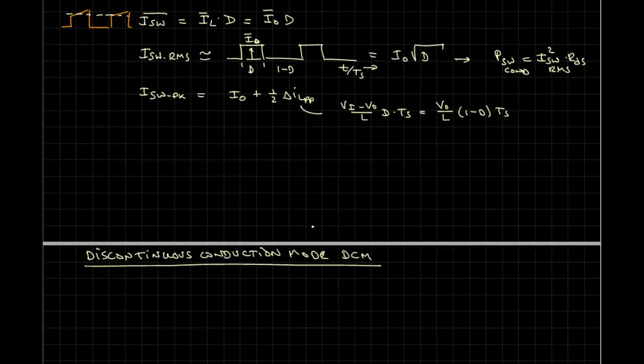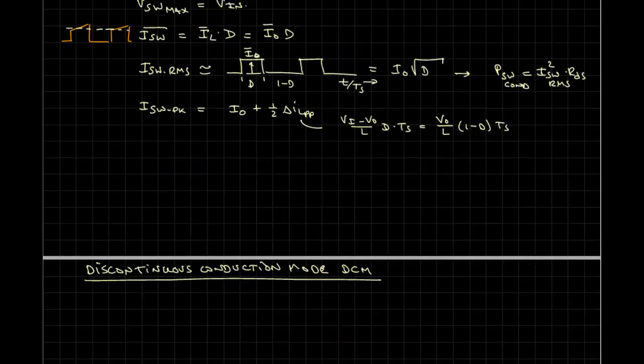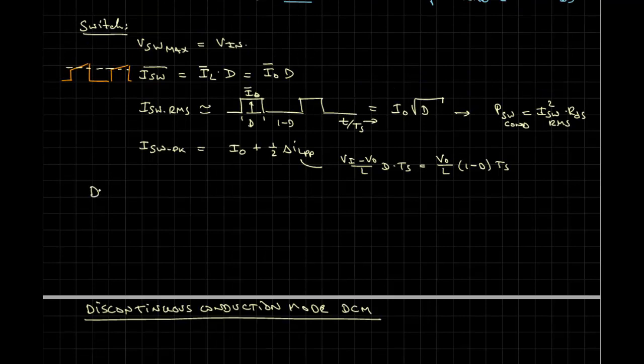Okay, we also should look at the diode. The diode max voltage is going to be equal to V_IN, just like for the switch.